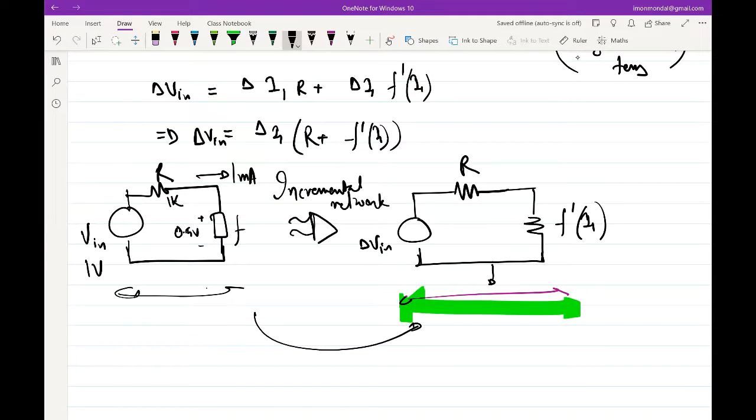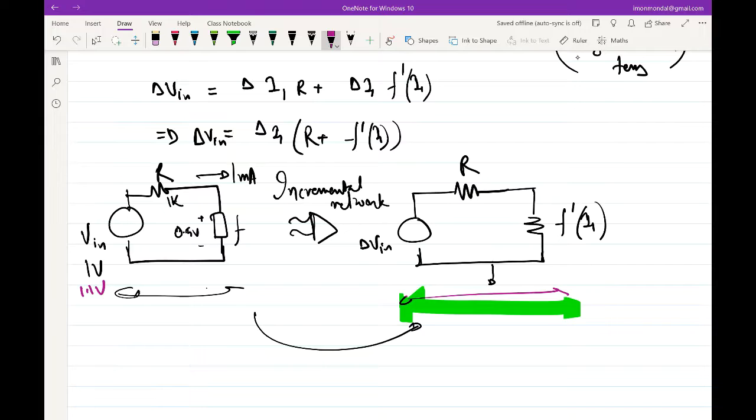So this I have found using nonlinear methods. Now I tell you, tell me what the currents and voltages in this network will be when V in changes from 1 volt to 1.1 volt. What are you going to do? You find delta I1 using the incremental network because the change is very small.